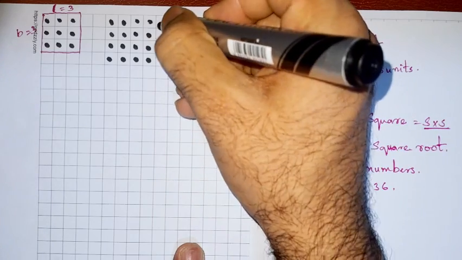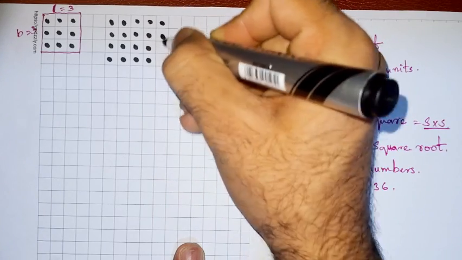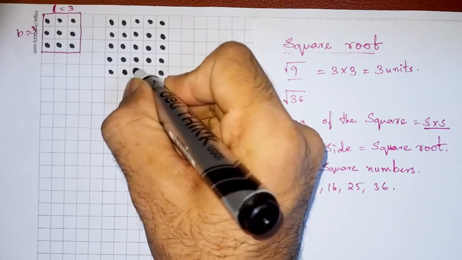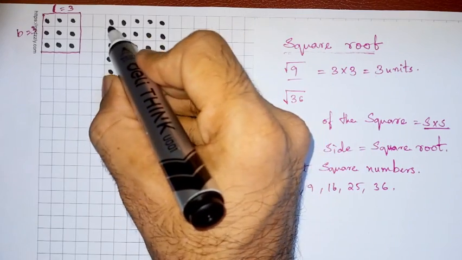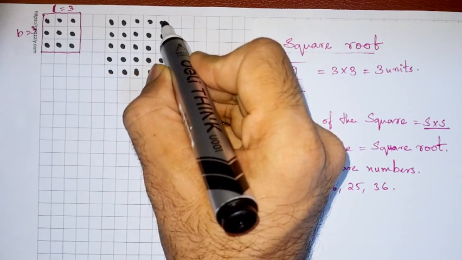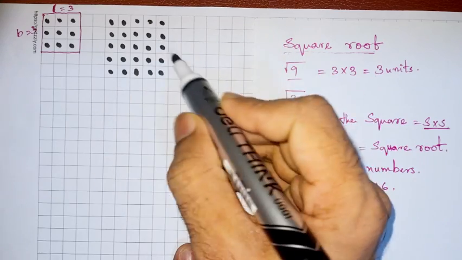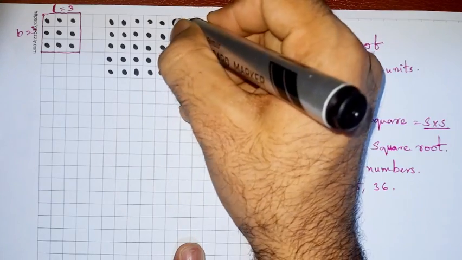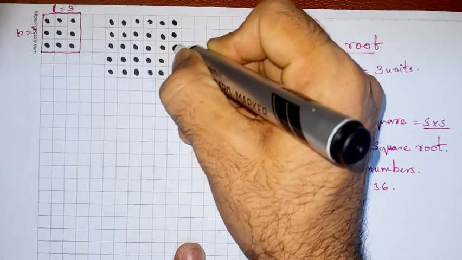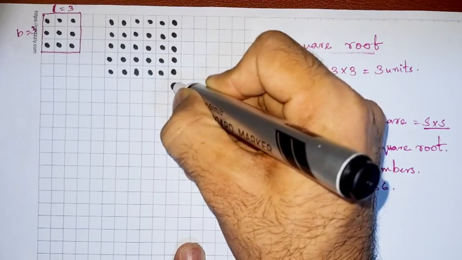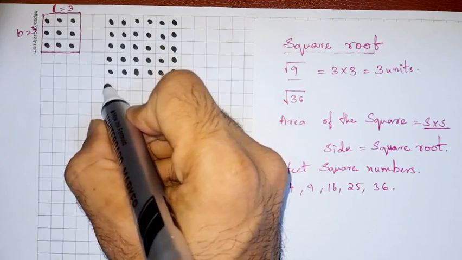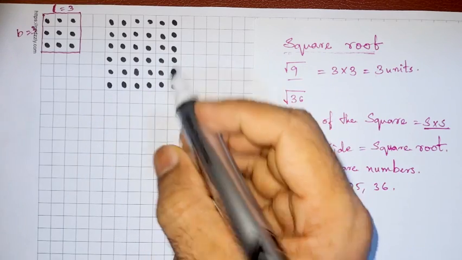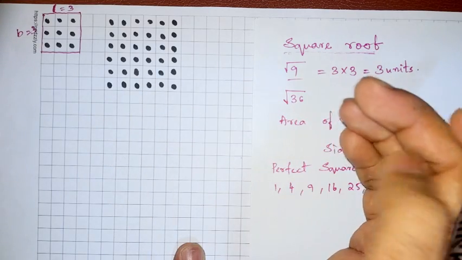So again we take another column and row. Now I got 5 rows and 5 columns. 5 into 5 is 25. Again I am not getting it, so let's go for the next. 1, 2, 3, 4, 5, 6. Now I'm getting 6, that is 36.